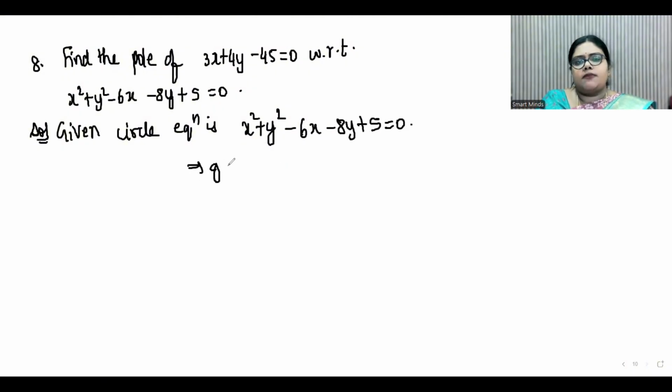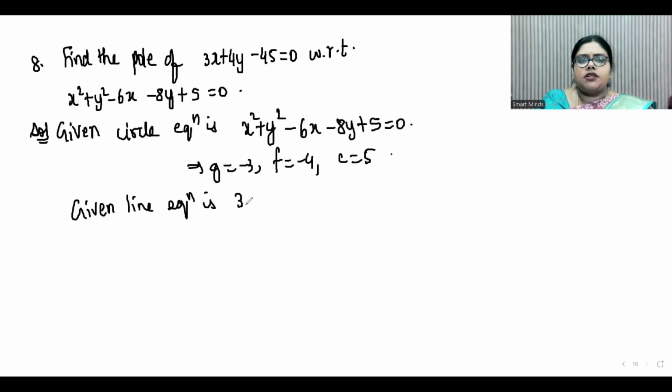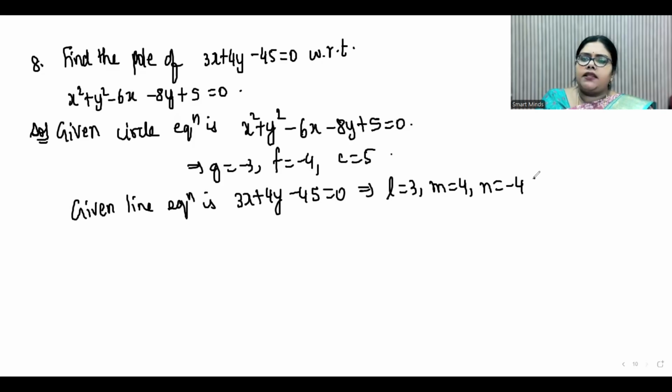So g is -3, f is -4 and c is 5. Now, what is the given line equation? The line equation is 3x + 4y - 45 = 0. So we get the l, m, n values from here: l is 3, m is 4, n is -45.